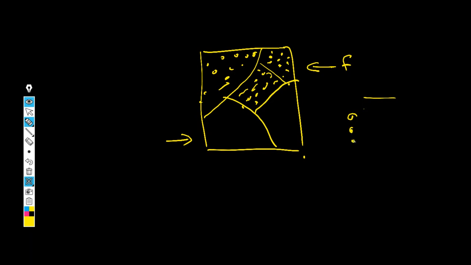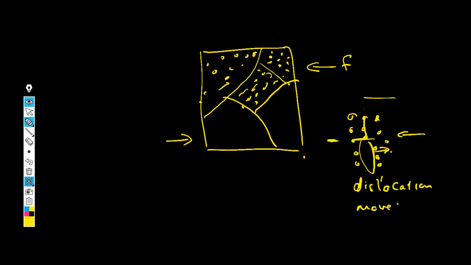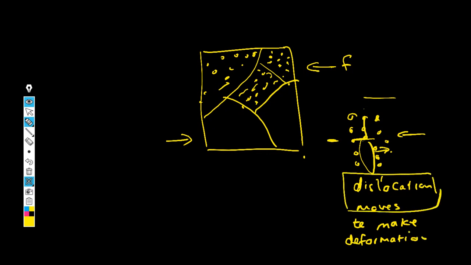As I explained before, if there is a dislocation here, as you see, the inverted T, when you apply the force, the dislocation moves. The dislocation moves to make a deformation. For deformation to happen in the material, the dislocation must move. Is that clear? You understand this point? Yes, from the previous example.